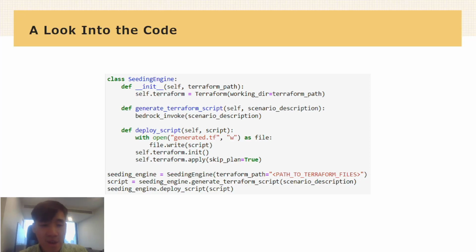And we also have one for deploying the script itself, which we basically just do a file write and execute Terraform init and Terraform apply accordingly. Aside from this, we can see that we are just executing the seeding engine, running the script and deploying the script accordingly.